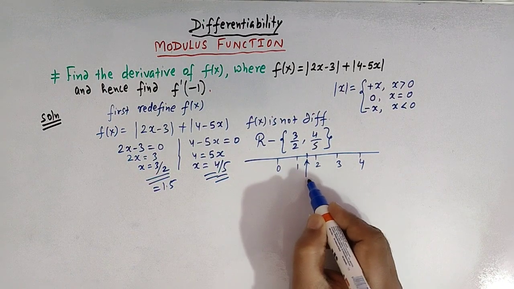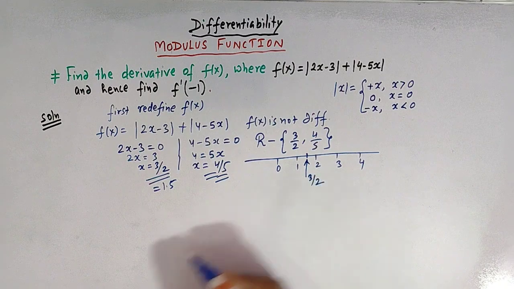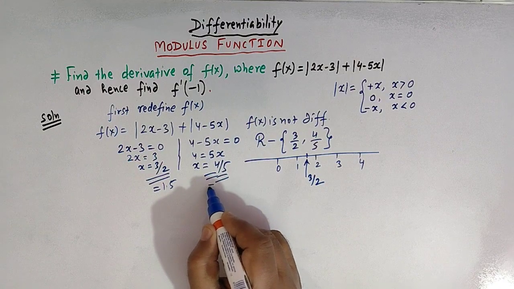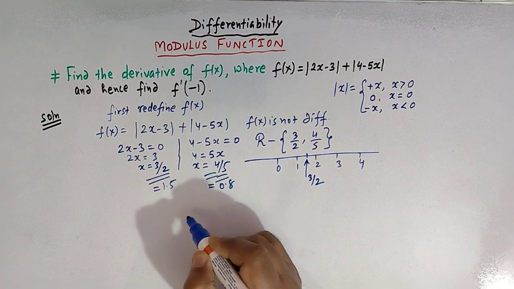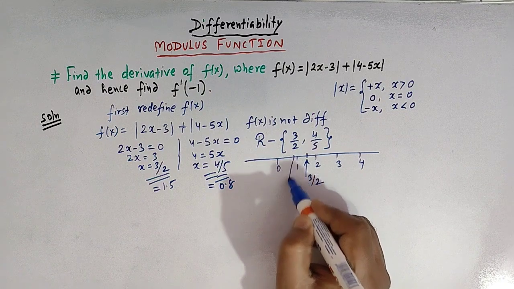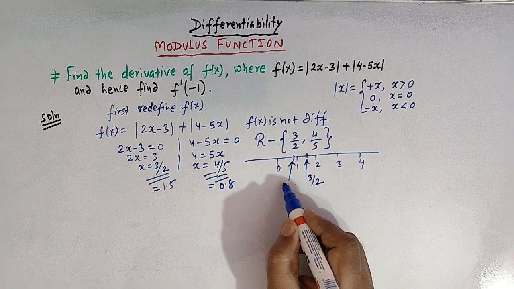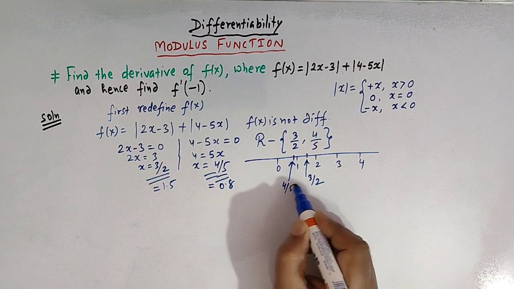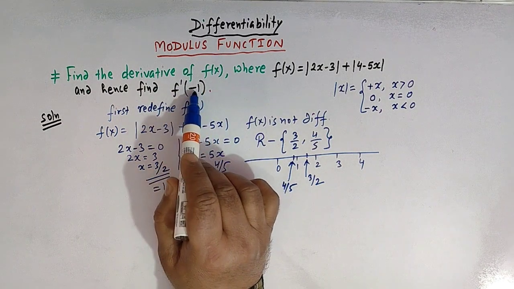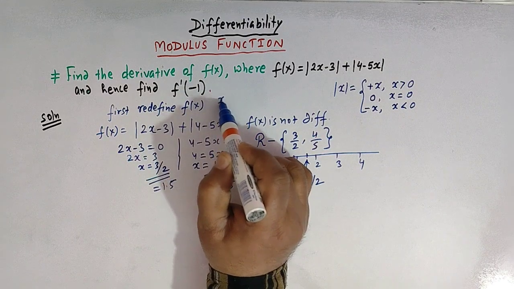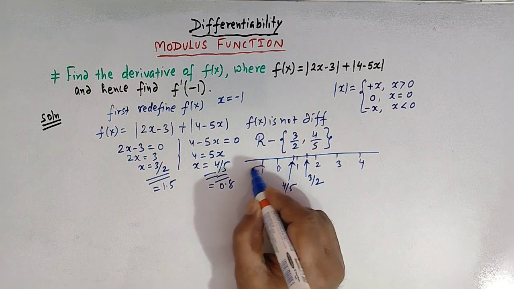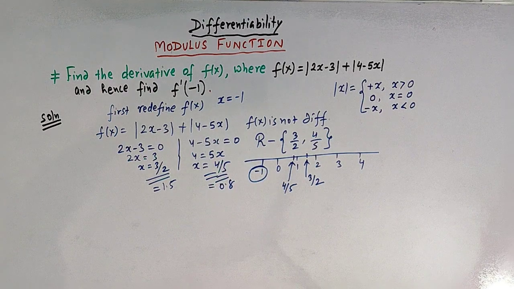This point is 3/2, and this point is 4/5, which is 0.8, and it lies somewhere here. And we have to find the derivative at x = -1, so we have this point -1.